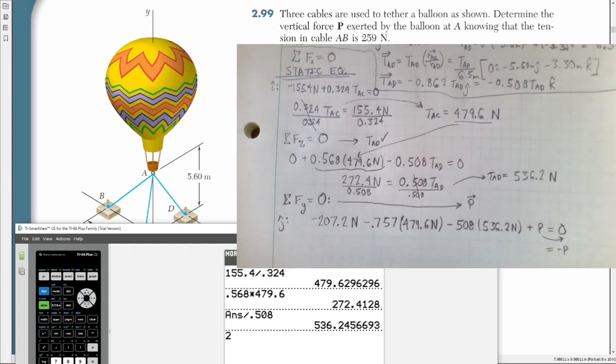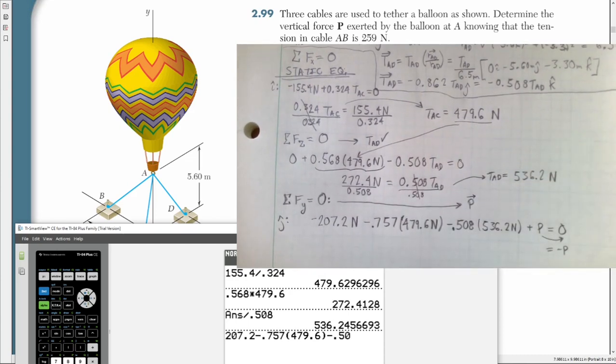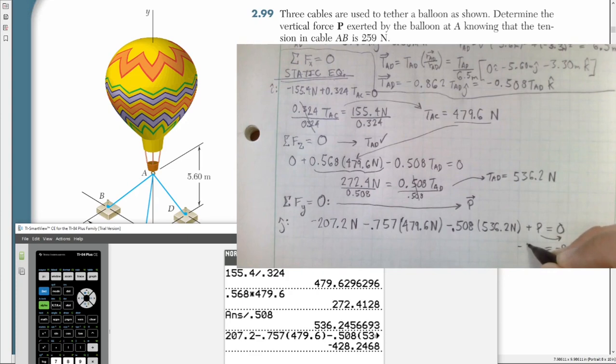All right, so on my calculator, I have 207.2 minus 0.757 times 479.6 minus 0.508 times 536.2. And that's going to equal negative P. So negative P is negative 428.2 newtons.